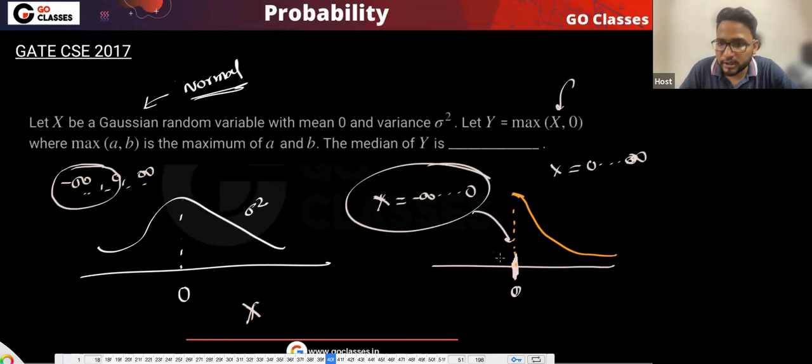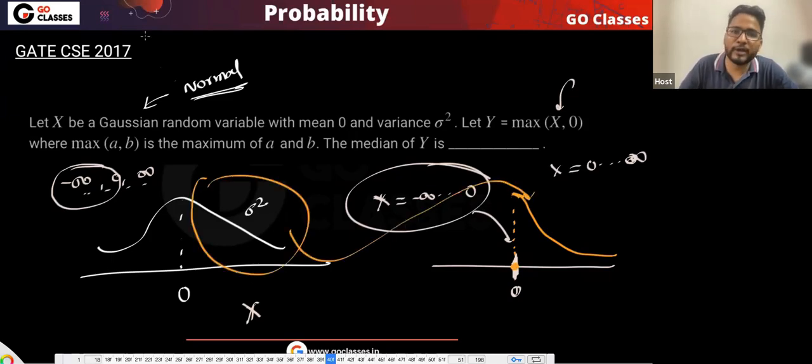Y cannot take the negative values, and this part of the PDF is the same as X's. Basically, the Y PDF will look like this.